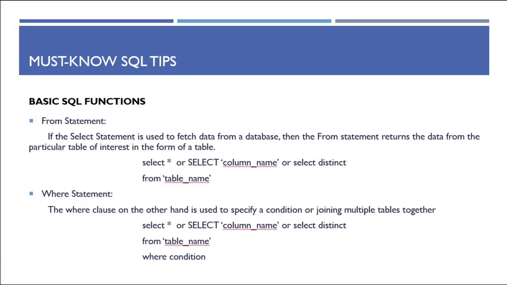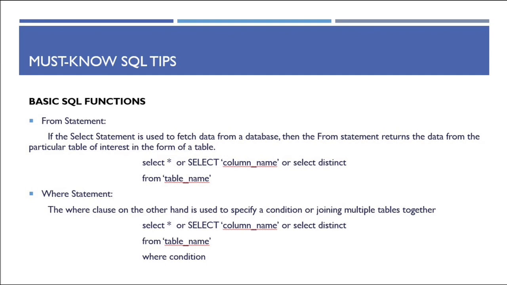The select statement helps us fetch data from the database. The from statement, on the other hand, helps us fetch a particular table of interest from the rest of the tables in the database. The from statement is very important because it gives us clarity on what particular table we want to show in our output.